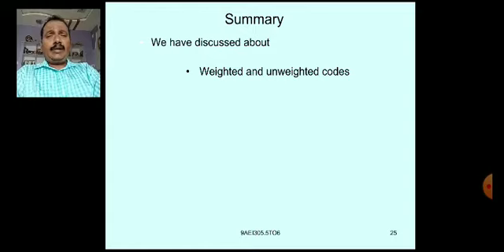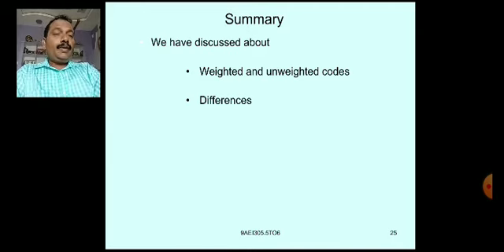Those codes are not discussed but are available, but the most widely used code is the 8421 code, which we have elaborately discussed. And unweighted codes we have discussed. What are the unweighted codes we have discussed? Excess-3 code and Gray code.